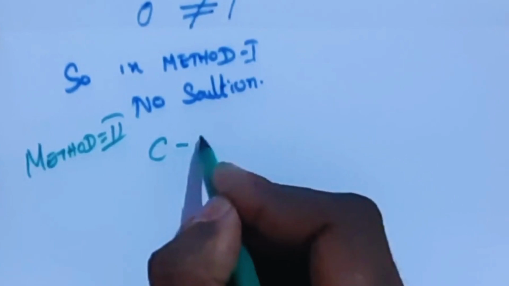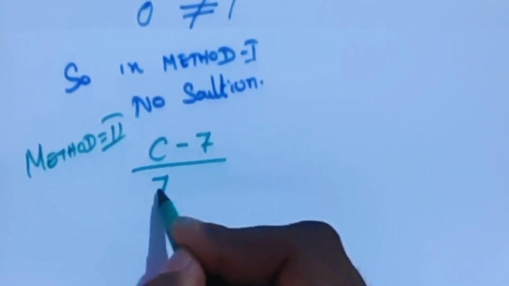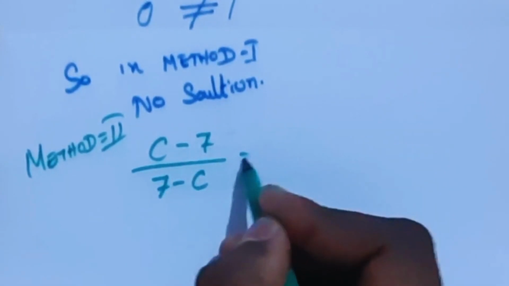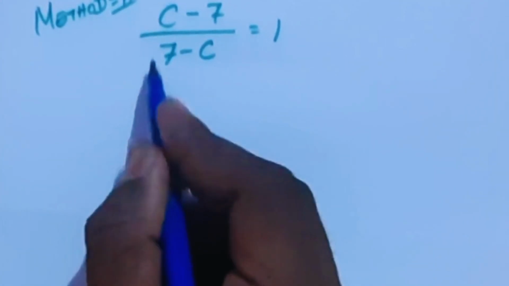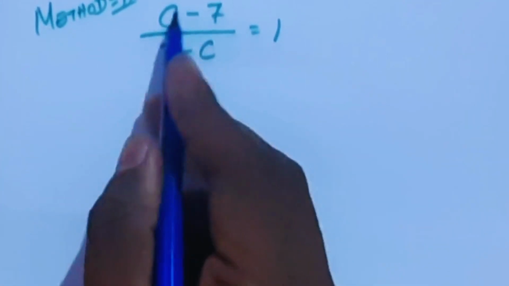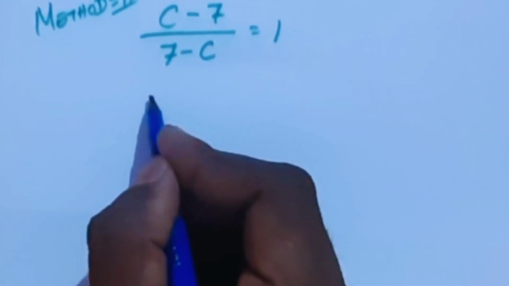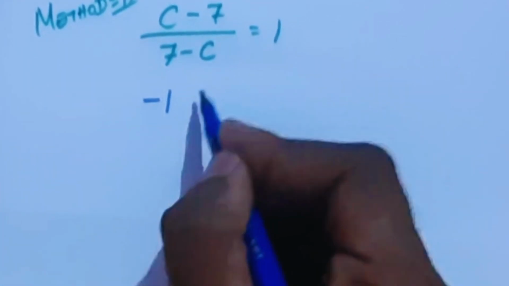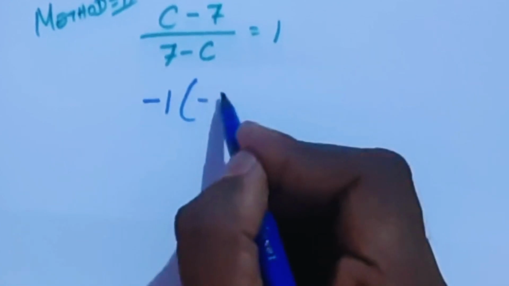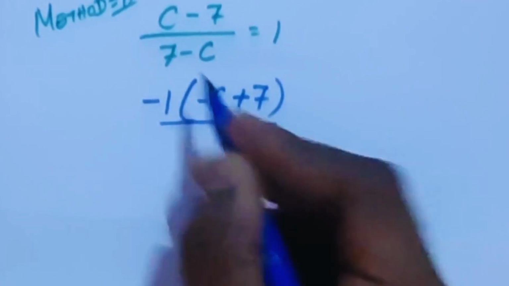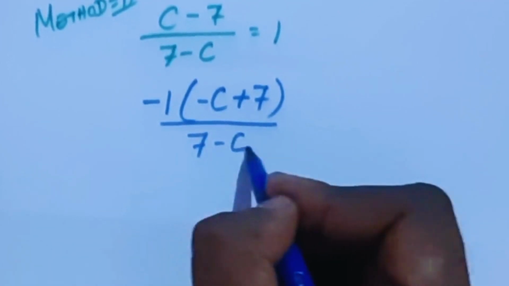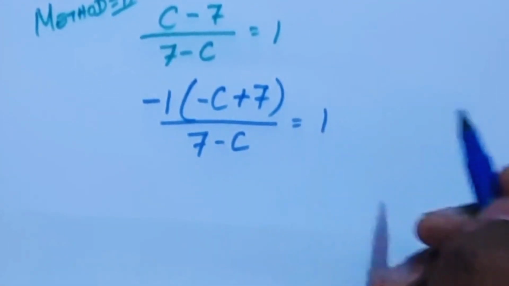Now solution in method 2. The equation here is (C minus 7) by (7 minus C) equal to 1. Now we are going to take minus 1 common from this. So minus 1 open bracket (minus C plus 7) by (7 minus C) equal to 1.